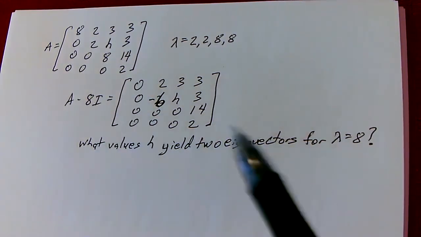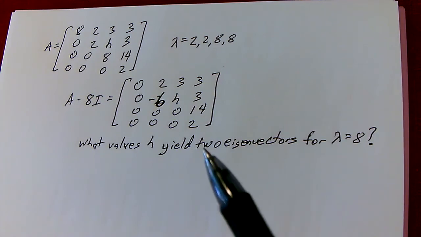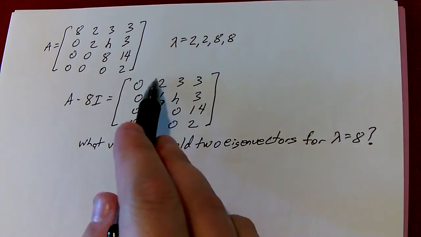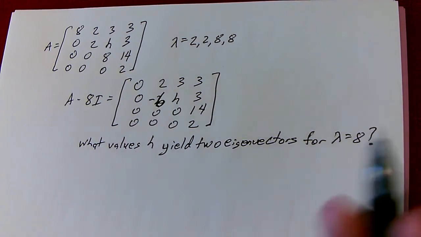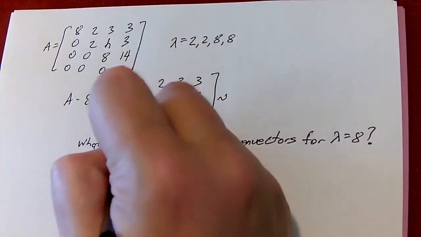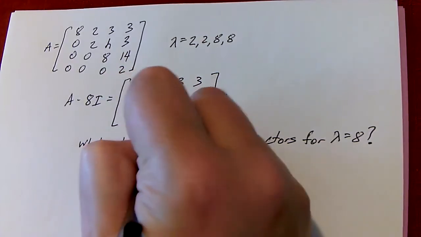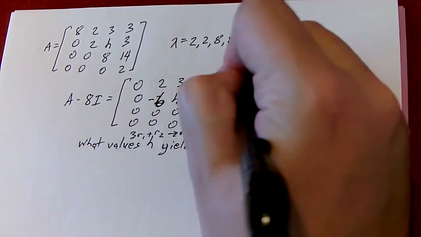I've got all zeros in the first column, so that sets up pretty decently. I want to get this, so this is going to be my first pivot. I want to get a 0 below it. So I'm going to do 3 times row 1 plus row 2 to replace row 2.